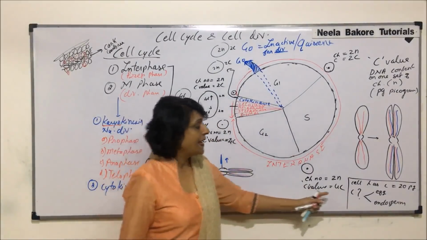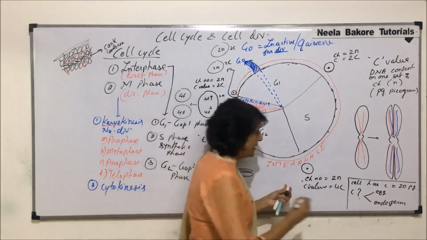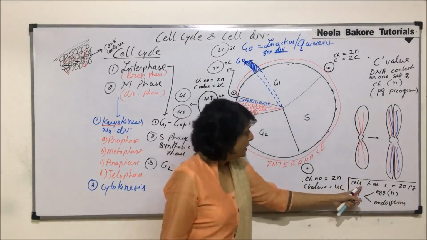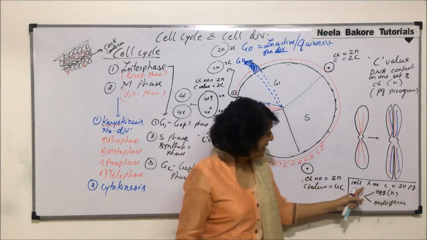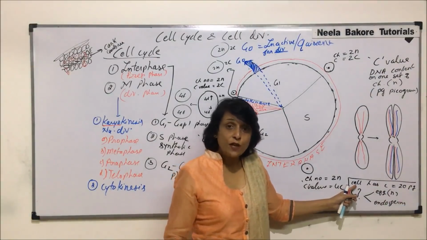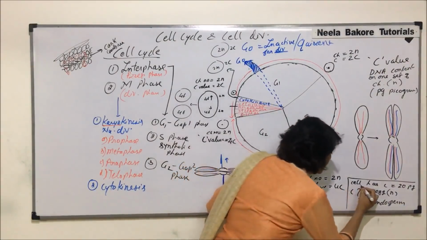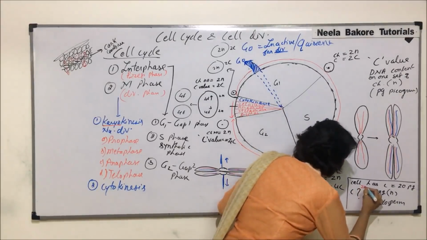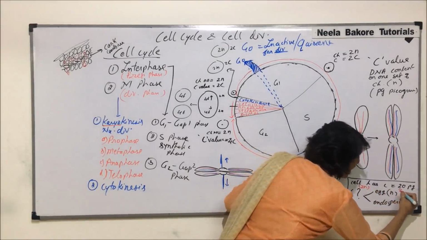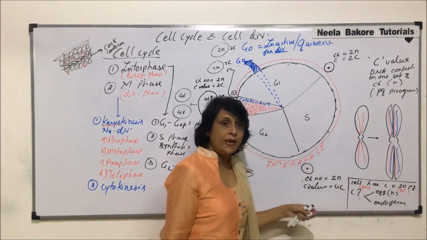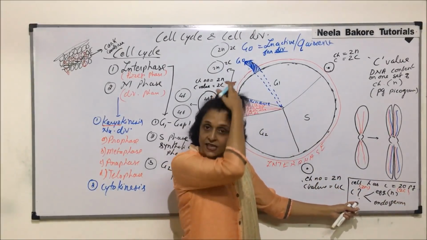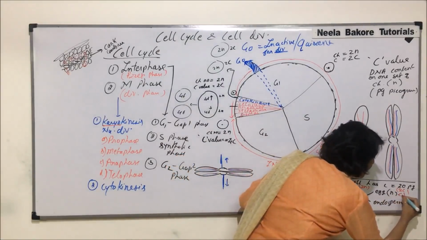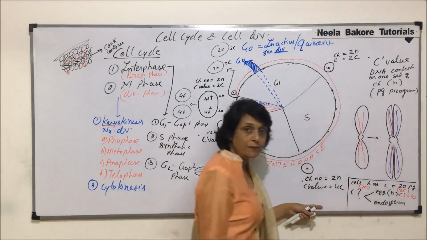We know that eggs are haploid. So egg is going to be haploid. C value is 20 in a cell. That means we are talking about a diploid cell. So this diploid cell which we have taken here is 2N. So this 20 picogram is actually 2C. The egg is haploid, so its value is going to be C. That means 10 picograms.